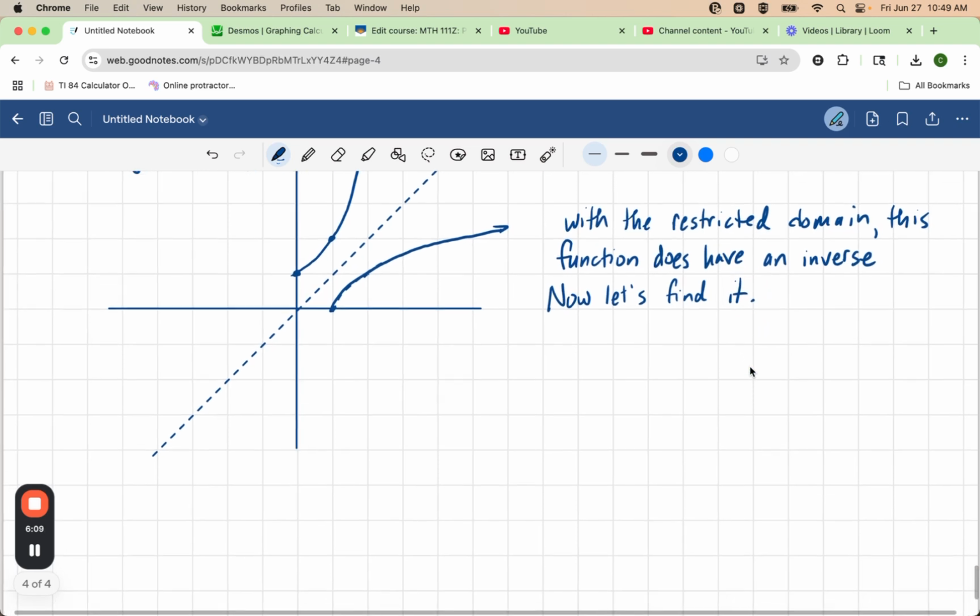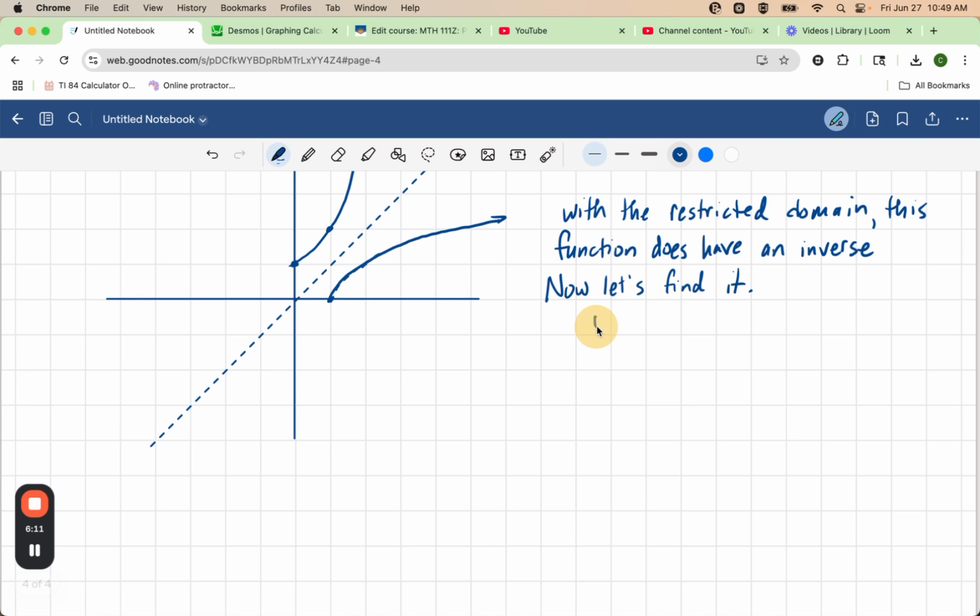So remember how to find inverses. You have y equals x squared plus 1. We're going to switch x and y. So x equals y squared plus 1. Now we're going to solve for y. So subtract 1. Then I'm going to square root both sides. Usually we have a plus or minus when we square root both sides.